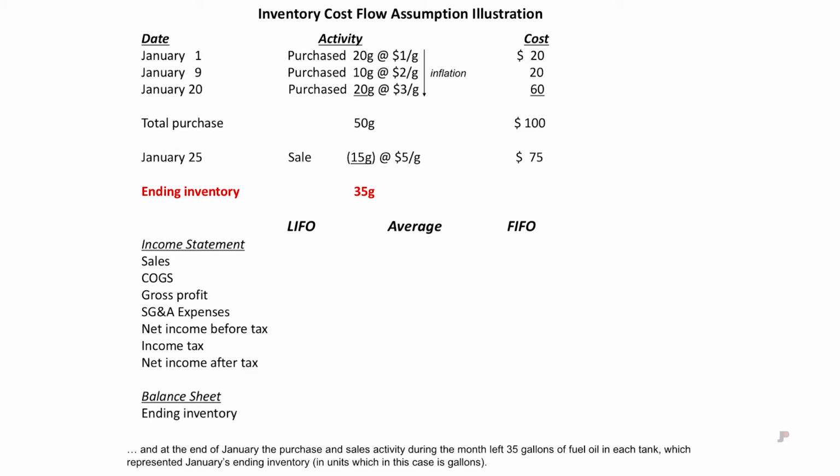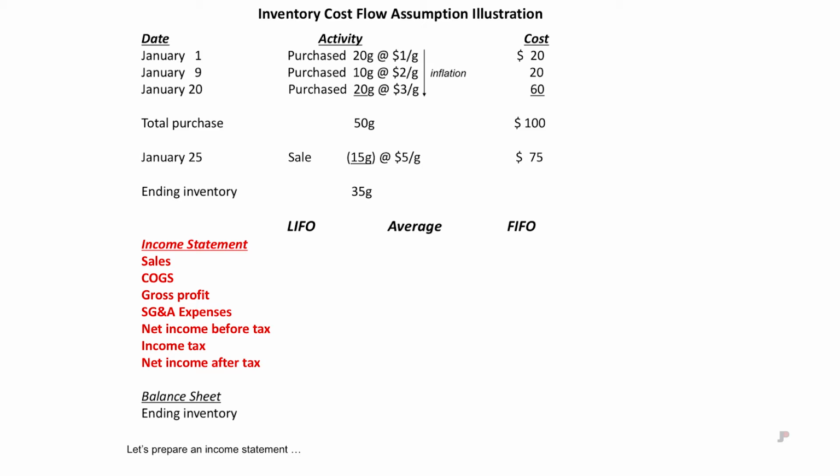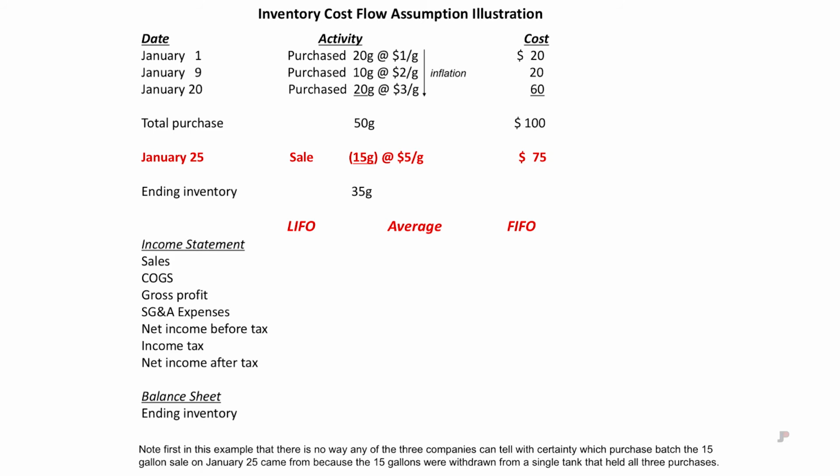And at the end of January, the purchase and sales activity during the month left 35 gallons of fuel oil in each tank, which represented January's ending inventory in units, which in this case is gallons. Let's prepare an income statement and an ending inventory dollar amount, which would appear on the balance sheet for January for each of the three companies, LIFO, Average, and FIFO.